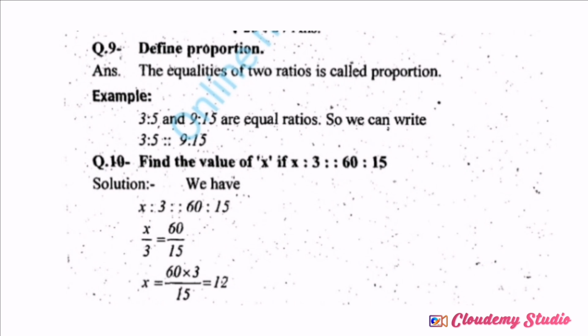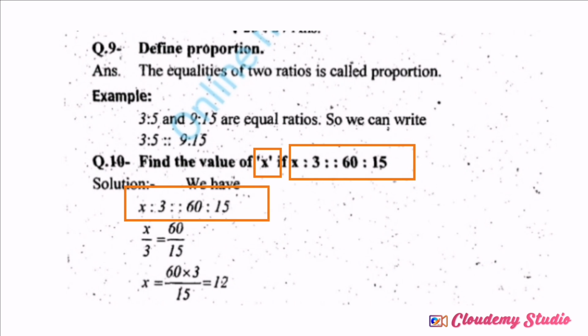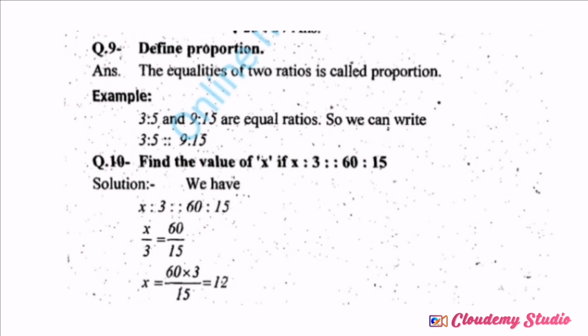Find the value of x if x ratio 3 is equal to 60 ratio 15. We have x ratio 3 is equal to 60 ratio 15. This can be written as x by 3 is equal to 60 by 15.